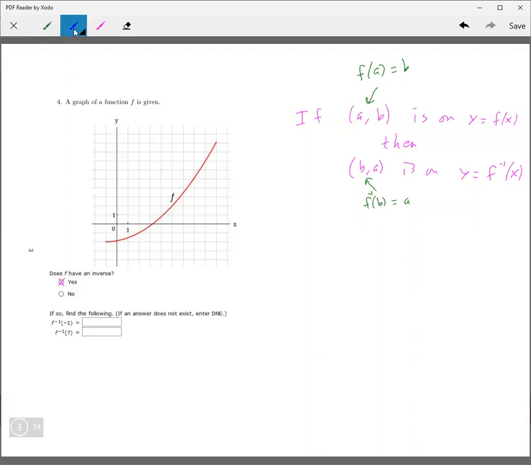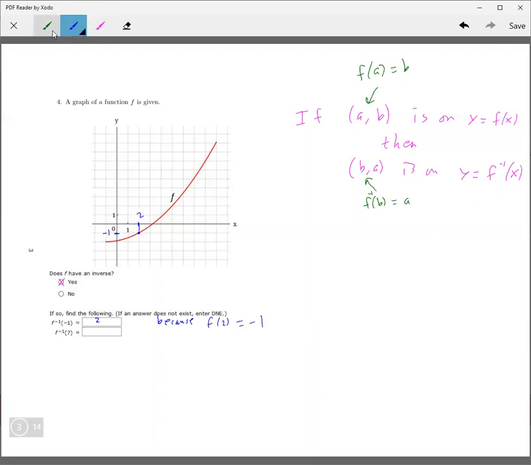Okay, so we want to find f inverse of -1. What you do is you look here for -1, and that's going to be 2. So f of 2 is -1.